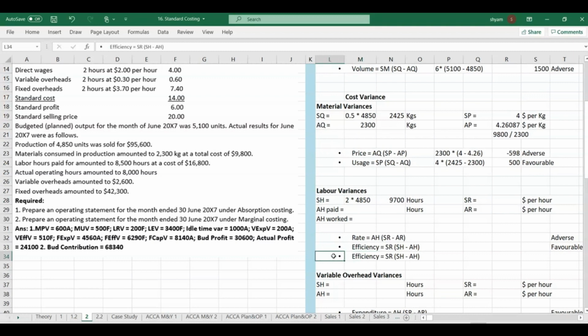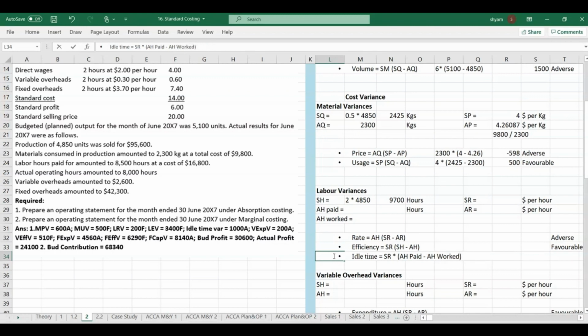And there's also going to be one more variance which is called idle time variance. So this variance would be standard rate into actual hours paid minus actual hours worked.